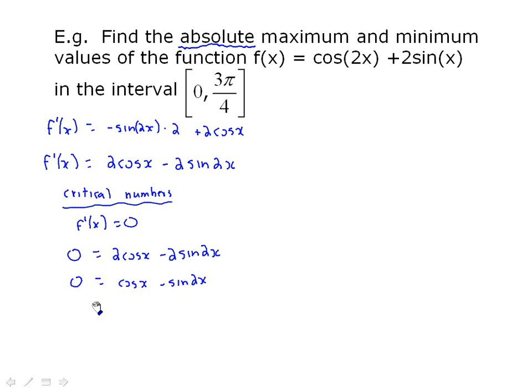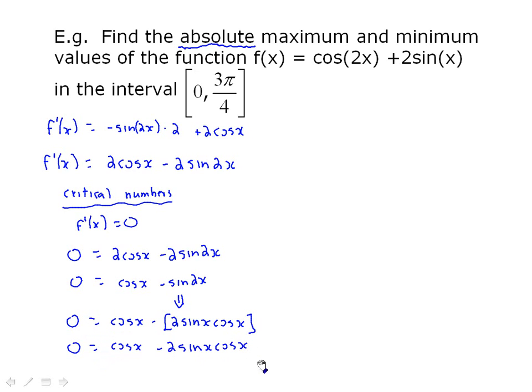And you've got choices with this one, really, in terms of where you put the sine 2x. But if you use a double angle formula with this one, you'll get cos x minus, now put a big bracket up because you don't want to make a mistake on the sign, sine 2x is 2 sine x cos x. And then 0 is equal to cos x minus 2 sine x cos x.